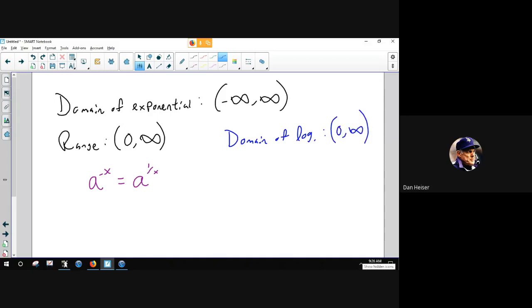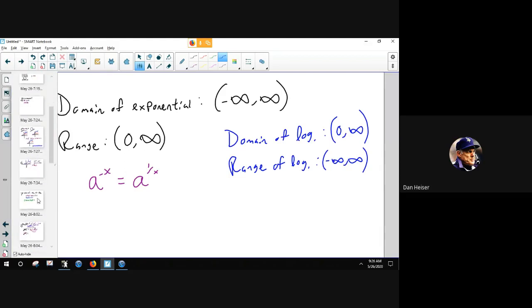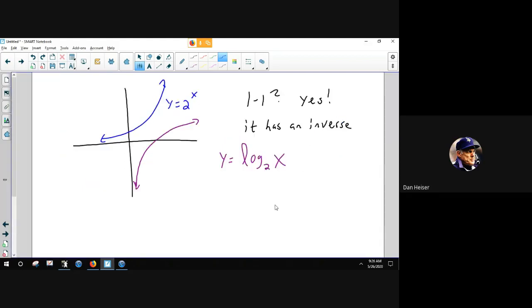So you can only give positive reals to a logarithm. The range of logarithm is negative infinity to infinity. And that's reflected in its graph. Let's go back here where I graphed it.